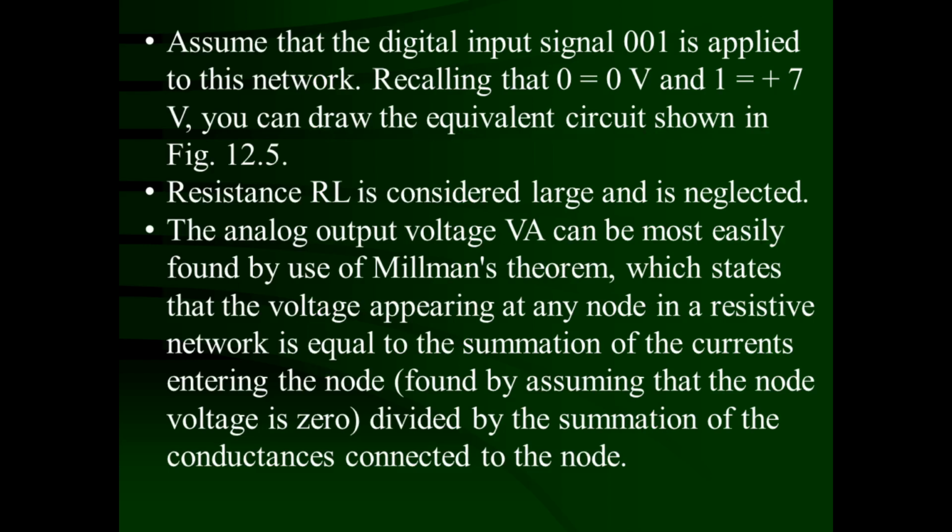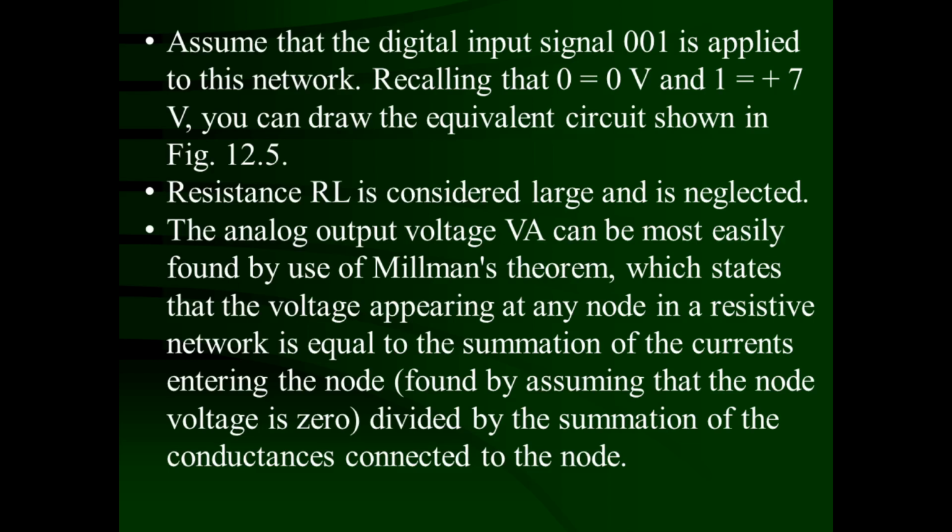Assume that the digital input signal 001 is applied to this network, recalling that 0 is equal to 0 volt and 1 corresponds to plus 7 volt. You can draw the equivalent circuit shown in figure 12.5. The resistance RL is considered large and is neglected.